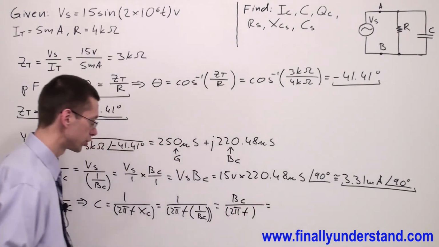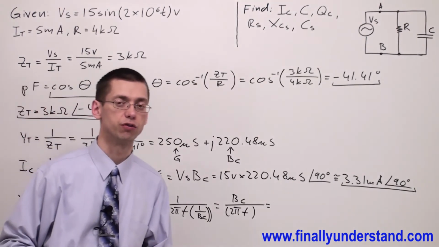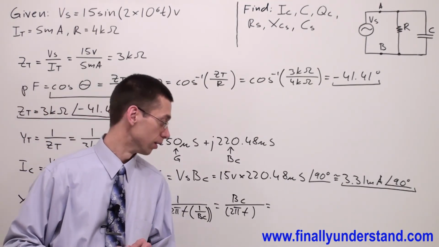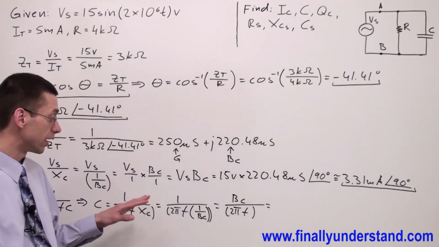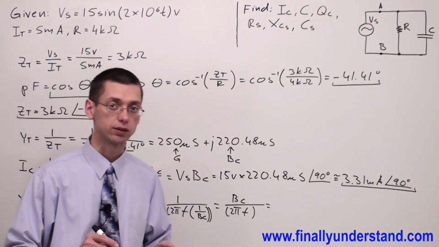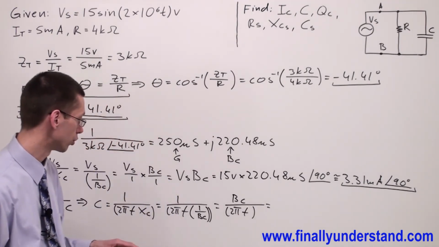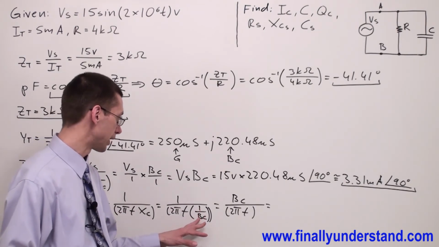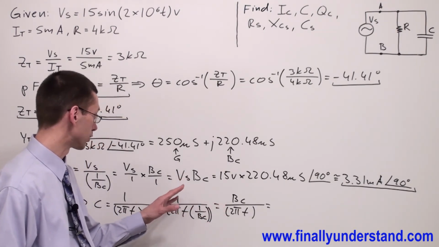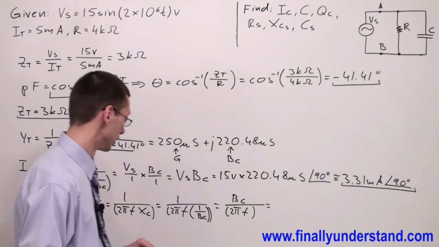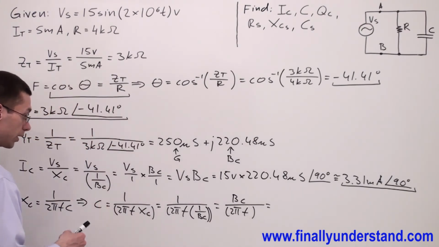Okay? Someone is going to say, oh, it's going to be much easier to find X of C. Yes, maybe, but the thing is, I want you to practice calculations also with the capacitive susceptance and admittance and conductance. That's why I'm solving this problem this way.